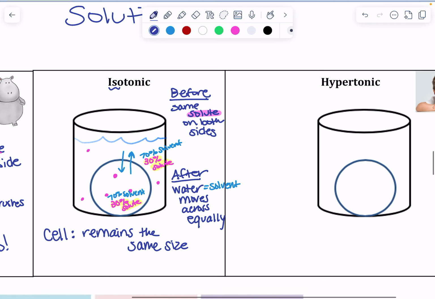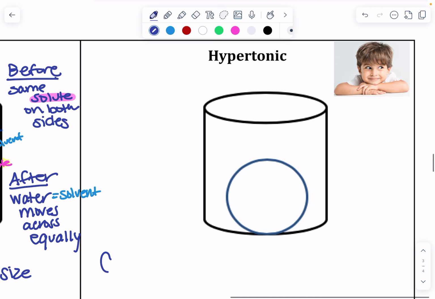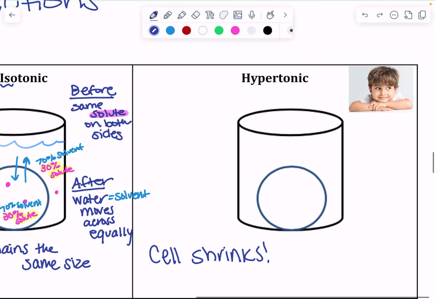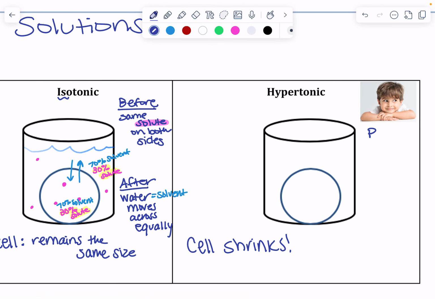All right, lastly, hypertonic, I like to say that this is going to be the cell shrinks like a small little child, hyper little child. So it's a smaller cell. Okay, so the before on this one is the solute is greater on the outside or in the solvent.